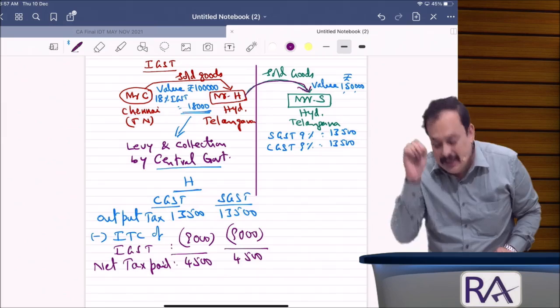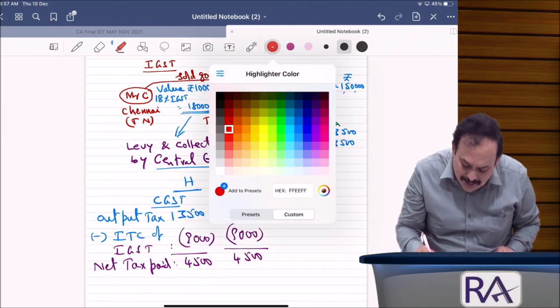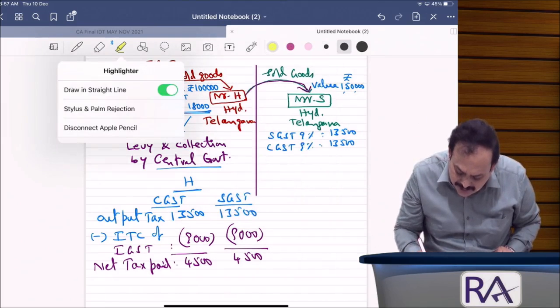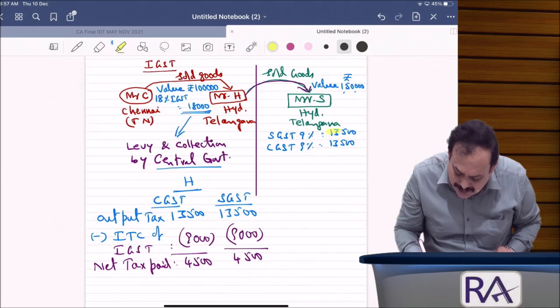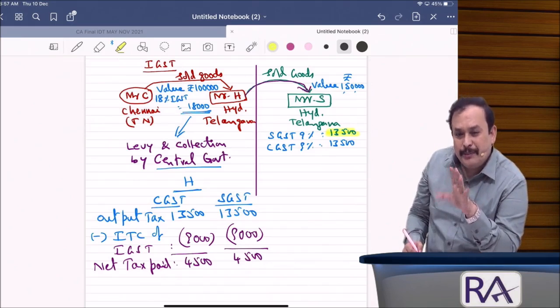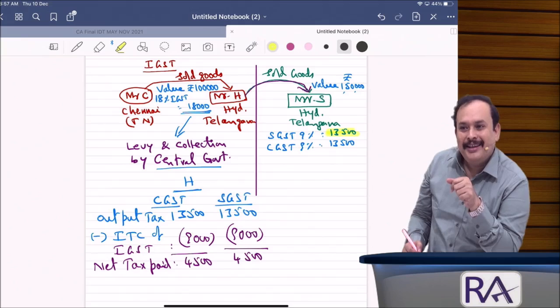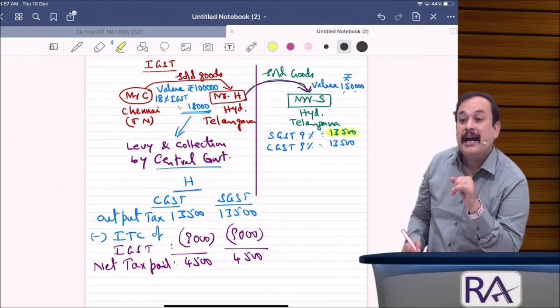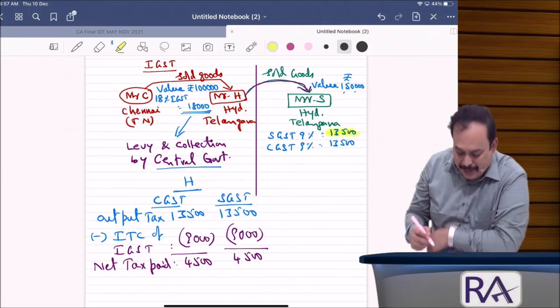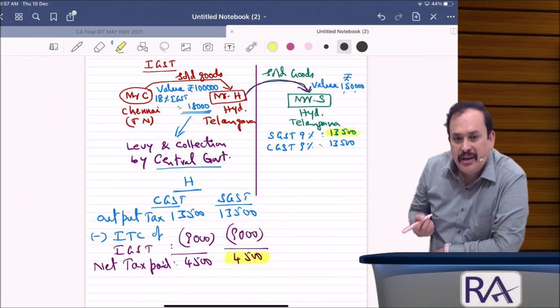What amount of GST did the state government levy, my dear? Here, they levied SGST. How much did the state government levy? 13,500 levied. So, the state government expected H to pay 13,500 to the state government, but how much SGST does he pay? Only 4,500 paid.